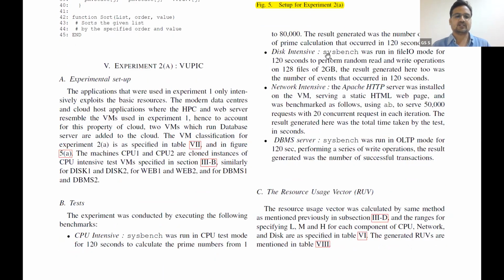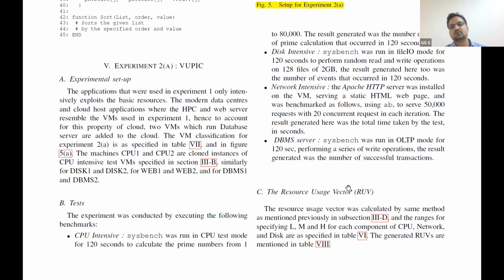How do we make CPU intensive, disk intensive, or all such applications? For CPU intensive, we run sysbench. Disk intensive, again we run sysbench, but with file IO. Network intensive, we run an Apache web server and AB, and for the DBMS server, again sysbench with OLTP transaction benchmark.